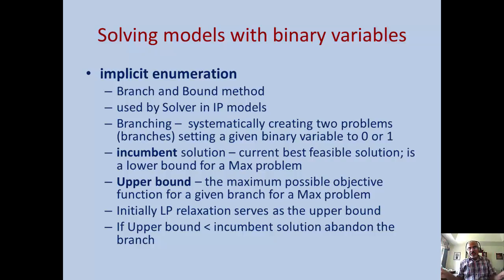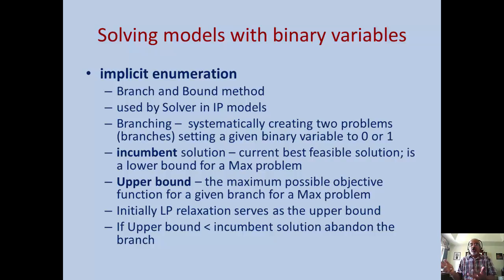Now, to do implicit enumeration, you have to put bounds. There are two kinds of bounds, a lower bound and an upper bound. Let's take the case of a maximization problem, where you want to maximize the objective function. A lower bound would be a feasible solution, that is, all the variables conform to the 0, 1 requirement, and you have an objective function value, say the profit is $500.